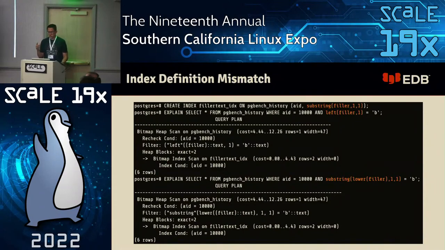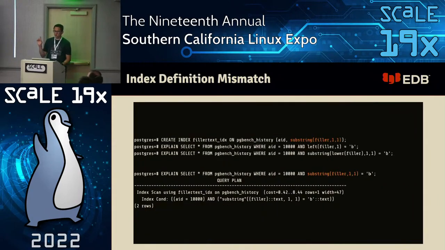And the reason for that is because I have defined the index a certain way, and I'm doing an operation that is not similar to how the index is defined. So if you see the two wrong examples, and then the final example where I call it the exact same way is using the index scan.